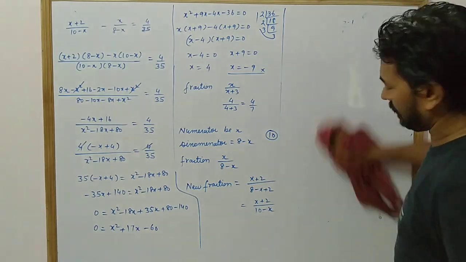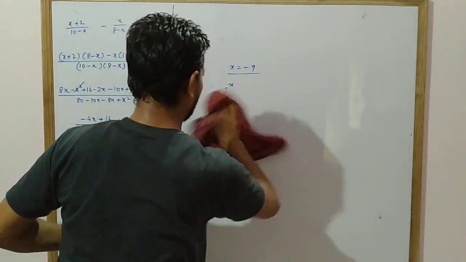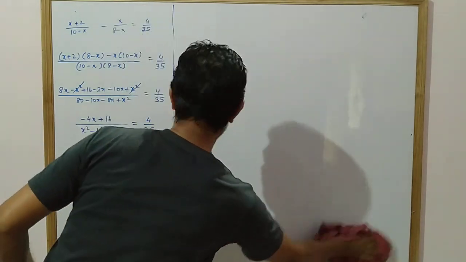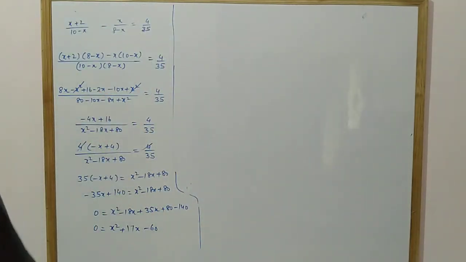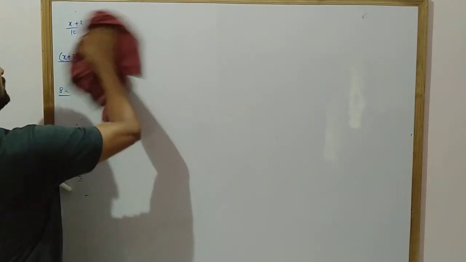Question number 11, it is given that a two-digit number. Okay. See here. We will do this two-digit number later on.